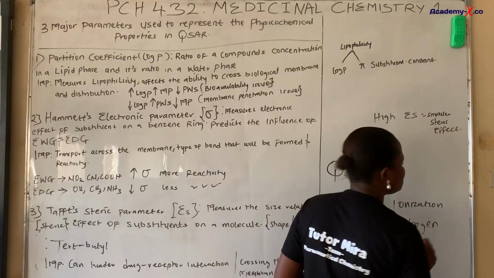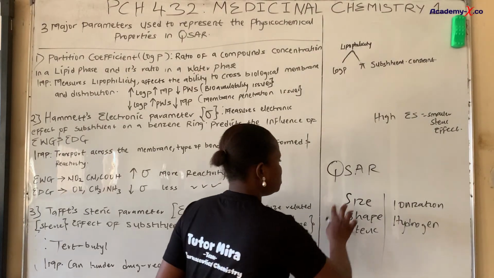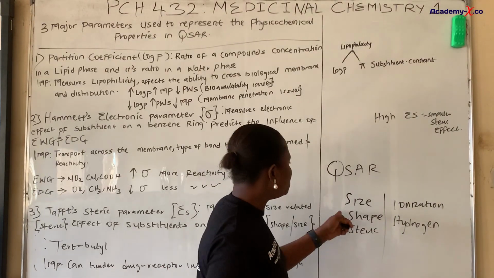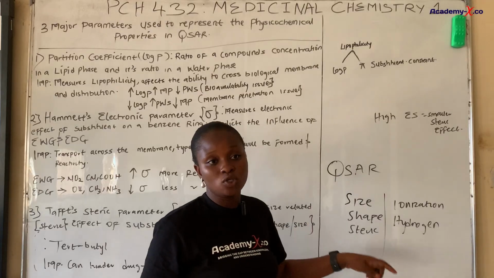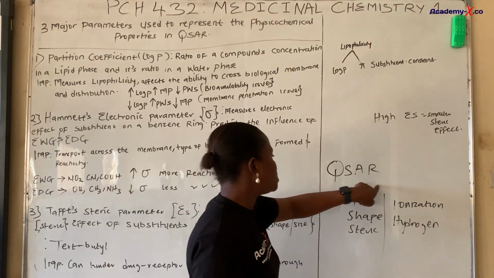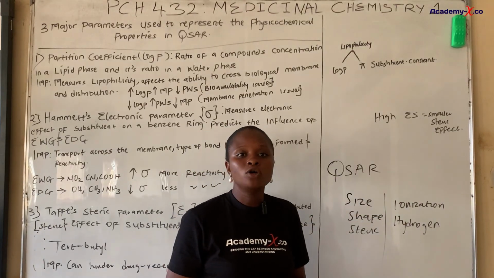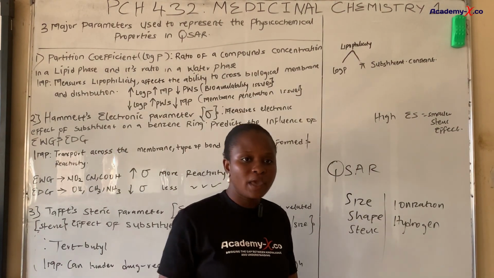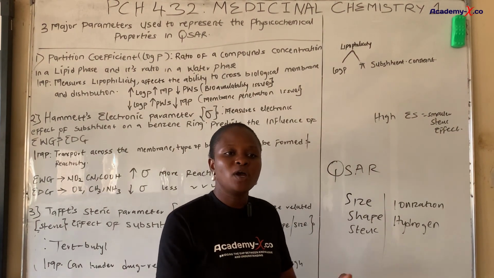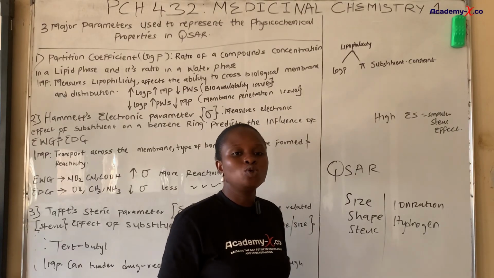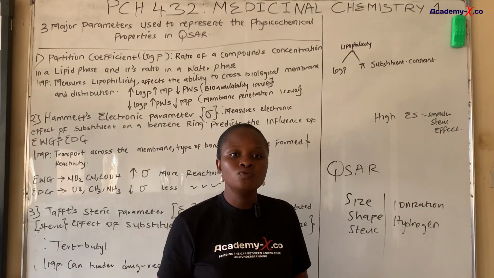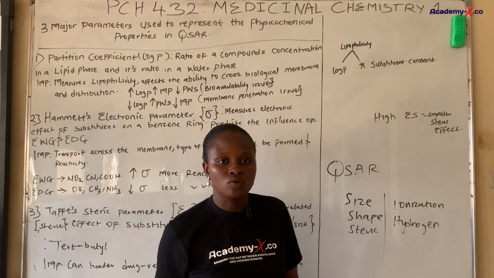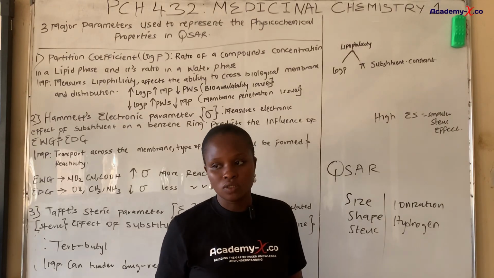Collectively, these are called physicochemical properties. So you're considering the effects of these physicochemical properties on the biological activity of a lead compound, a compound you suspect to be a drug, and you're representing this relationship using a mathematical equation or a mathematical model.